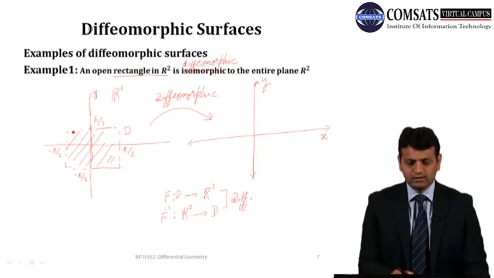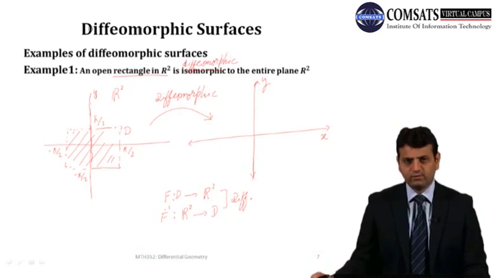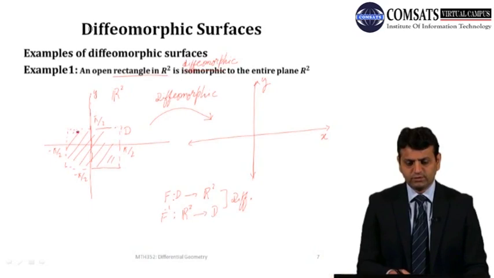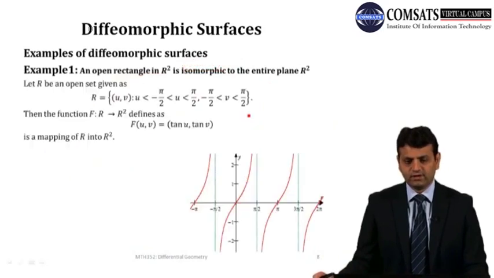And now you can observe that the size of D is very small. It's a very small disk in R2, but this is diffeomorphic to the whole plane R2. So this is a very strange fact about diffeomorphism. इसमें जो बहुत छोटा नजर आने वाला पोर्शन है R2 का, this is in fact diffeomorphic to the whole plane. So let's see इसको कैसे प्रूव करेंगे हम.